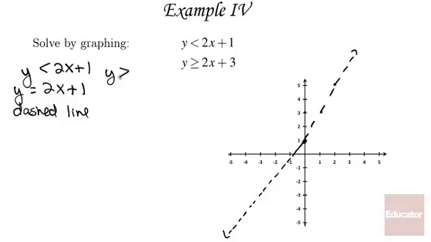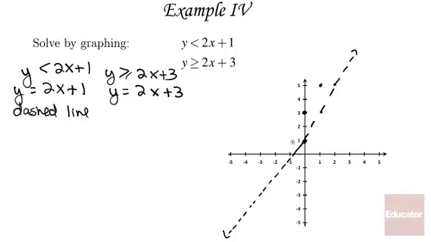Second inequality, y is greater than or equal to 2x plus 3. Linear equation, y equals 2x plus 3. I'm going to go ahead and graph this out. And this tells me that the y-intercept here is 3. And the slope is 2. Increase y by 2, increase x by 1.